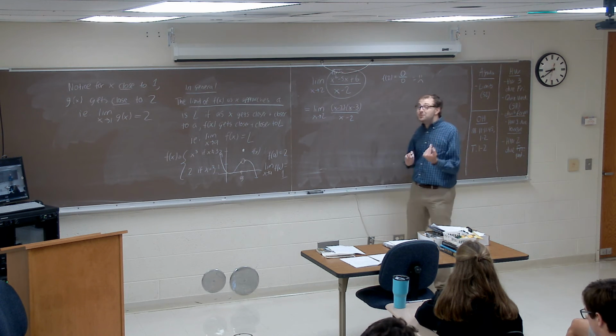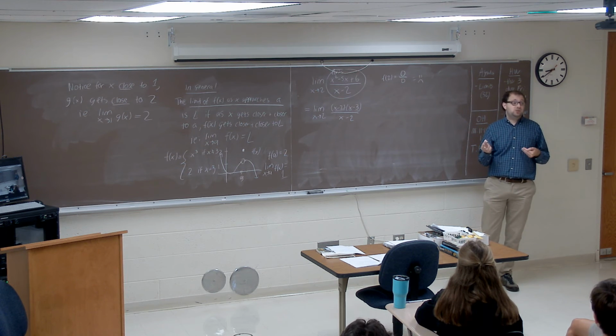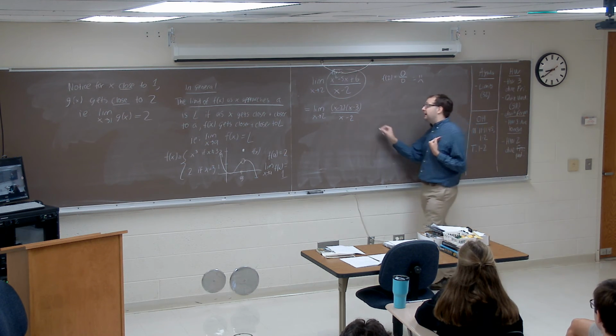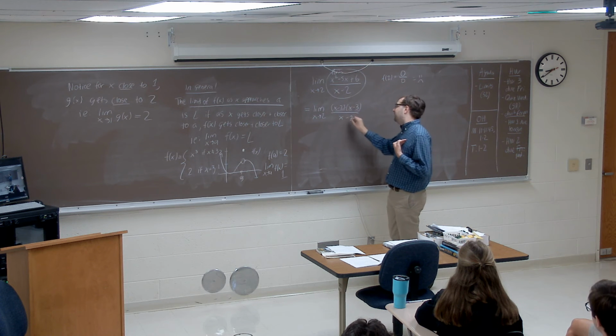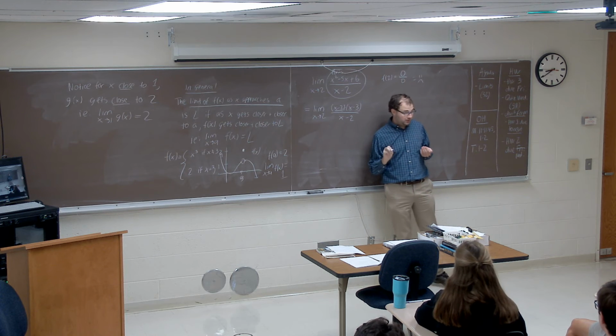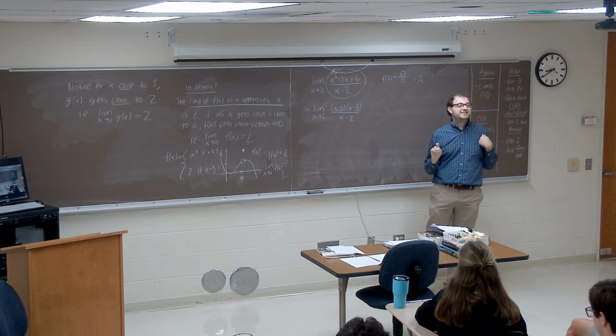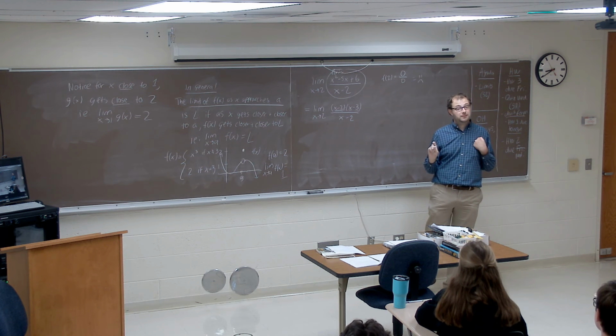Yeah. Since we're taking a limit as x gets close to 2 and doesn't equal 2, if we were to plug in, say, 1.99 for x here, this term would be very close to 0, but it wouldn't be 0. And as long as it's not exactly 0, we can cancel it out from the top and the bottom.